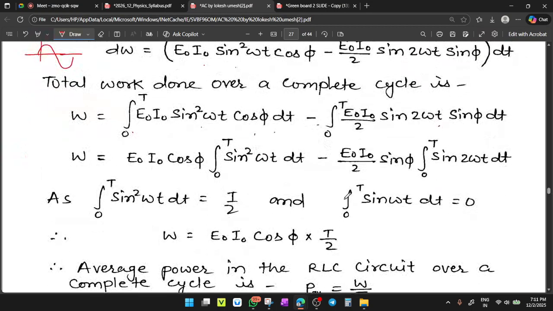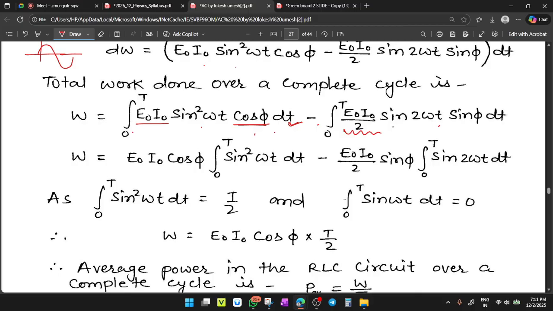Clear? Now, E naught, I naught, and cos phi will be constant because they do not contain the variable t. As t is the variable here, the only variable term is sin square omega t dt, and t goes from 0 to capital T. Clear?